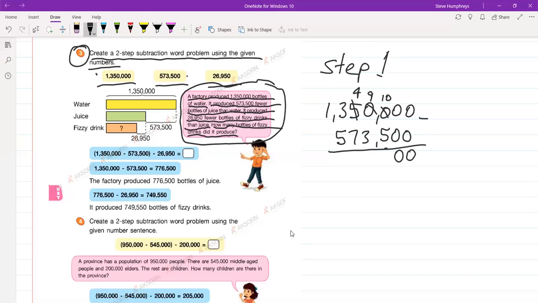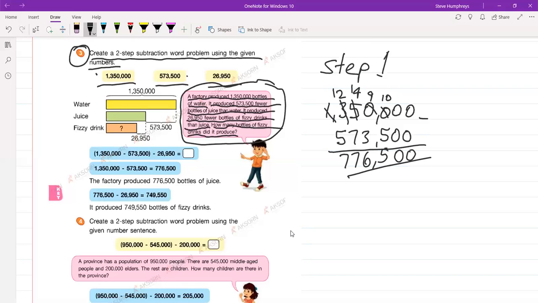Okay? 10 minus 5 is 5. 9 minus 3 is 6. Borrow. Make that 2. Make that 14. Make that 12 minus 5, 776,500. Okay?